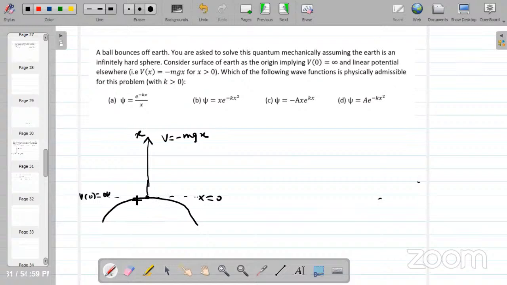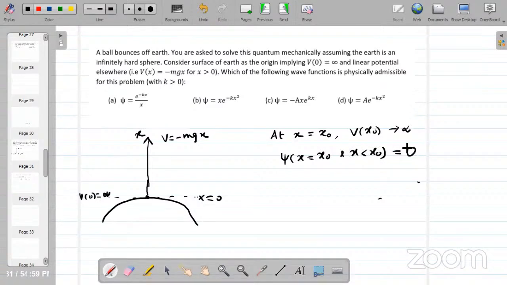So first, what is information one? Information one is that the potential is infinity at x equal to 0, which means whenever the potential is infinity at some x naught, V of x equal to infinity, it means psi of x for x less than or equal to x naught has to be 0.